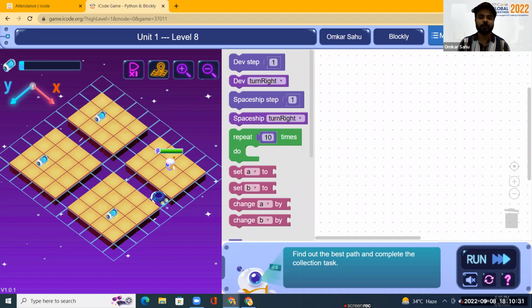Let's suppose the spaceship is here, and we have asked the character Dave to offboard the spaceship and go forward 3 steps, and then go back 5 steps. Go back means 5 steps in the negative direction. So can you see how many steps the character Dave is taking? 5 steps plus 3 steps, 8 steps.